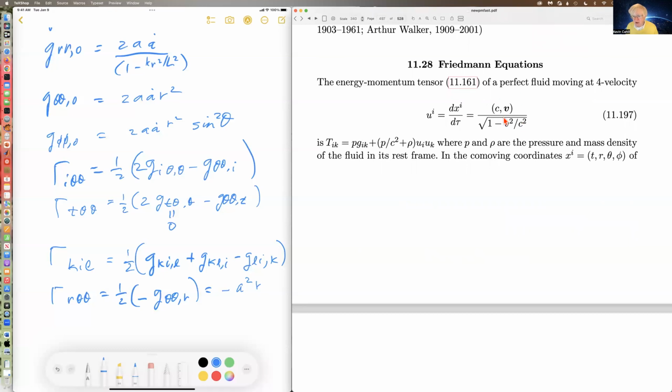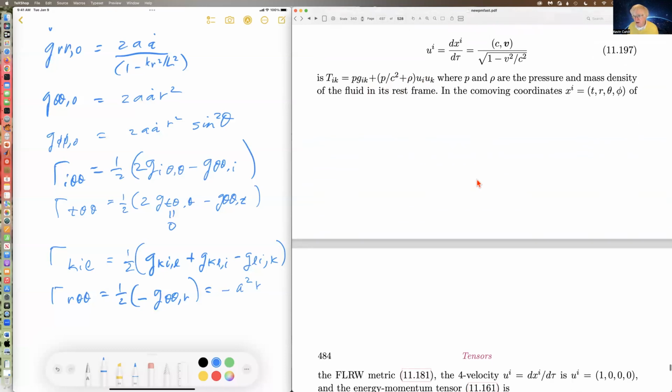And remember, the 4 velocity looks like this. The energy momentum tensor then is the pressure times the metric plus the product of the 4 velocities times this combination of rho plus p over c squared. But we're using co-moving coordinates.